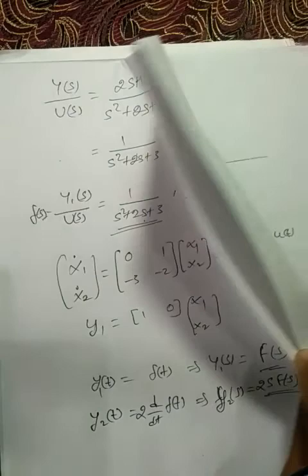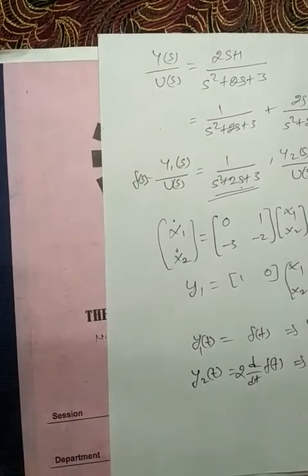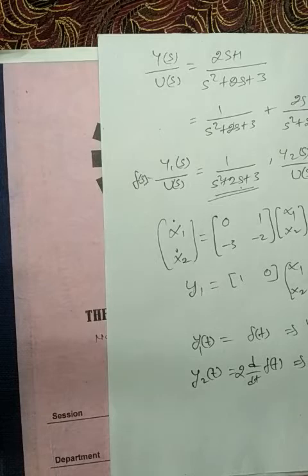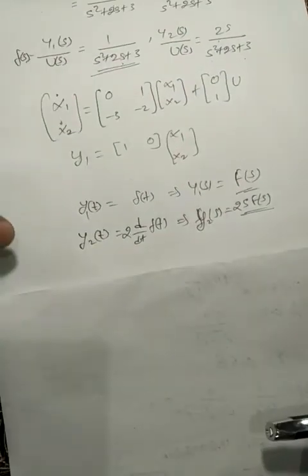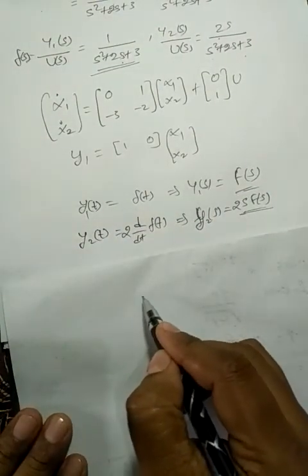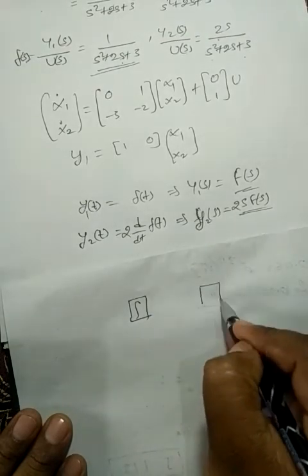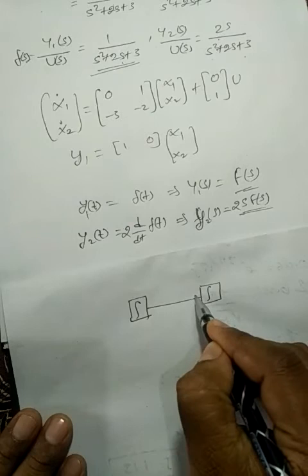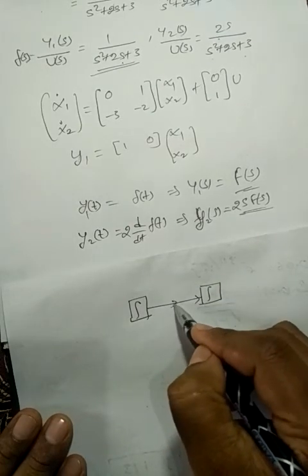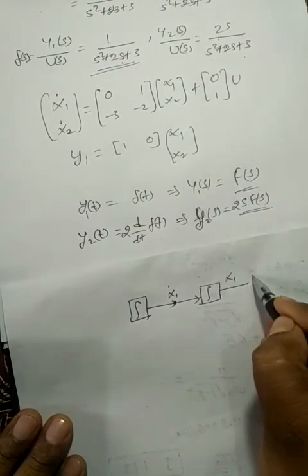So if we draw a block diagram for the first equation y1, we'll have a block diagram like this: here we have an integrator, here also we have an integrator, here we have x1 dot, x1, y1.